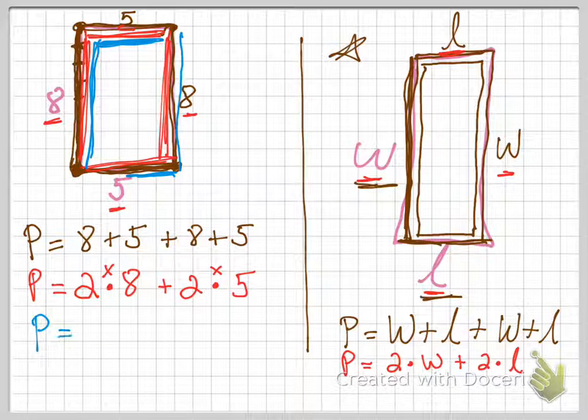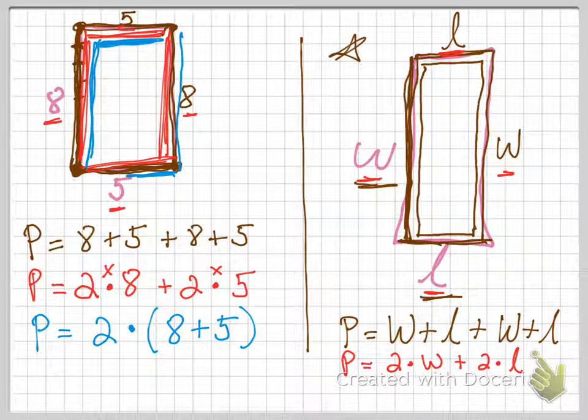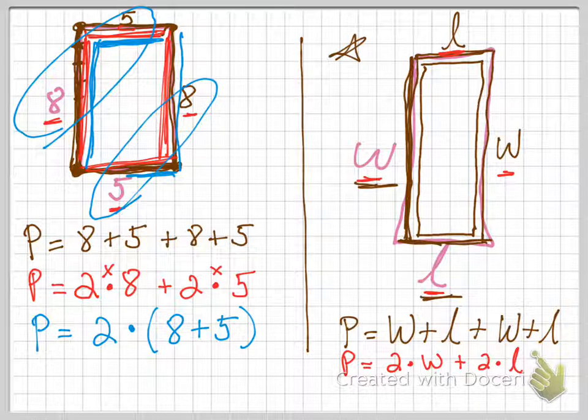P equals 2 times, remember the dot can mean multiplication, 8 plus 5. Because, boys and girls, we have 2 sets of these 8 and 5 and 8 and 5.